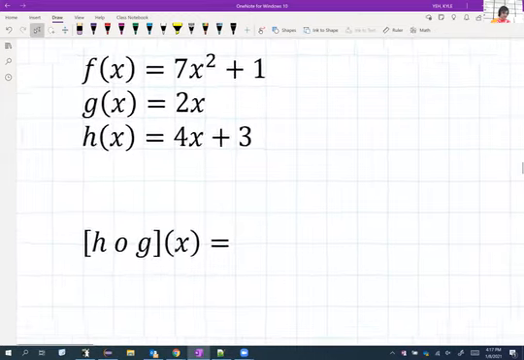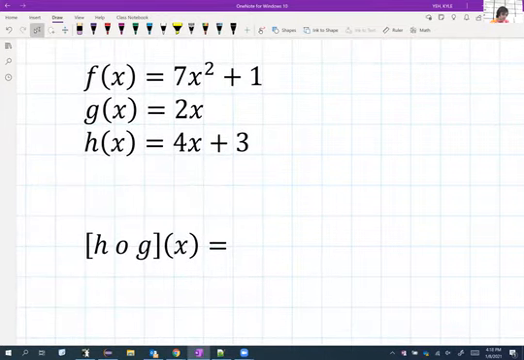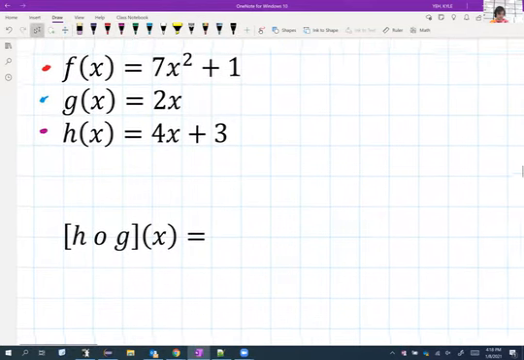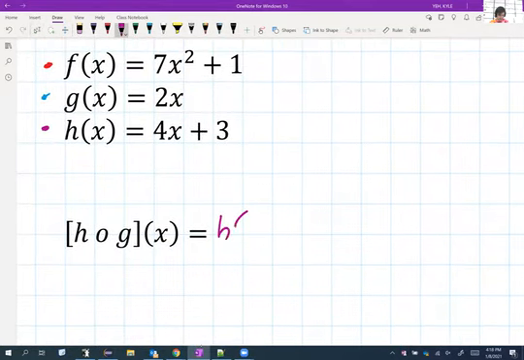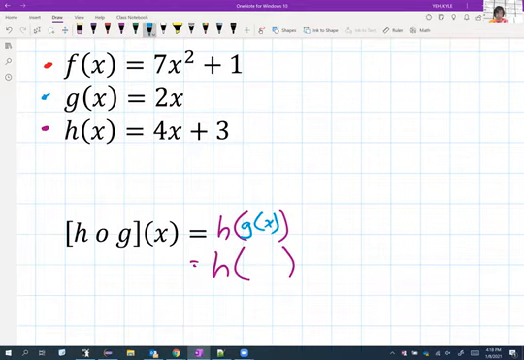So I've got those same two, f and g, up here on the screen. But now I'm going to add an h of x, just another thing for us to play with. So h of x is 4x plus 3. What is h of g of x? Following that same methodology, I'm going to write it as a function, h of g of x. So h of, and what was g of x? What do I need to plug in?